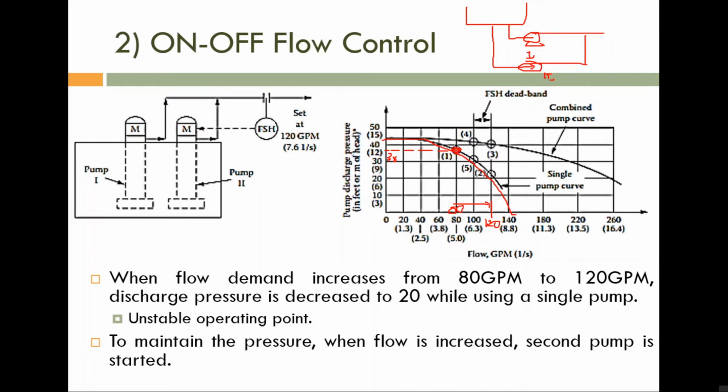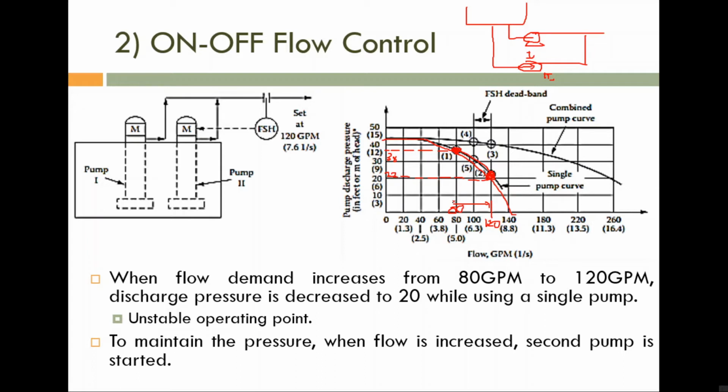So the operating point shifts from operating point 1 to operating point 2, where the flow rate is 120 GPM, and the pressure is something around 22 psi.